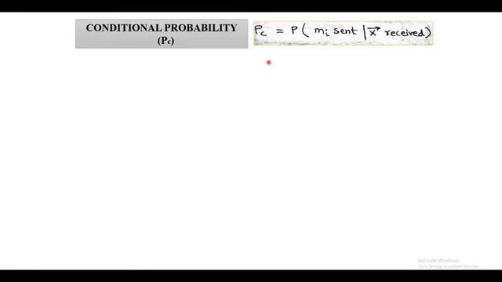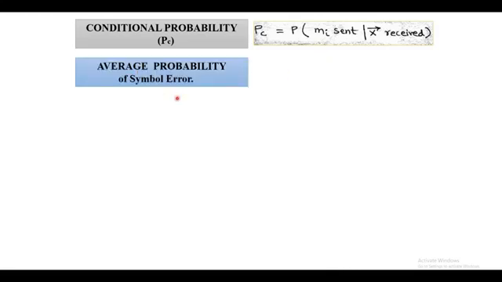Now, using the concept of conditional probability, the average probability of symbol error is obtained and is denoted by P suffix e equals 1 minus the conditional probability.